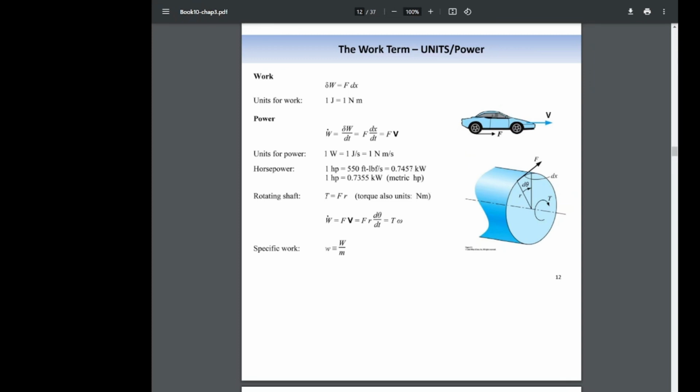Okay. We also want to look at torque, and could be work of a shaft. It's also another way to express it.